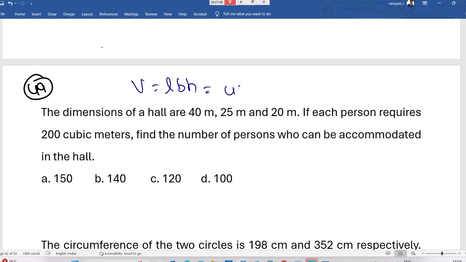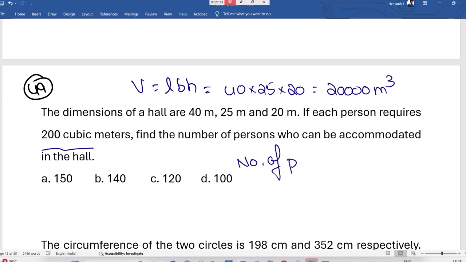LBH, 40 into 25 is 1000. 20,000 is the scenario, meter cube. For one person, 200 meter cube. So number of persons will be 100, right? 20,000 divided by 200.